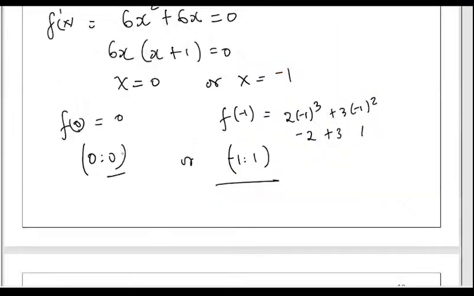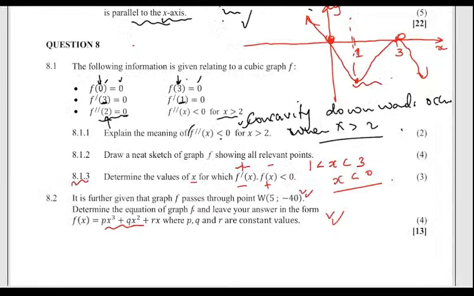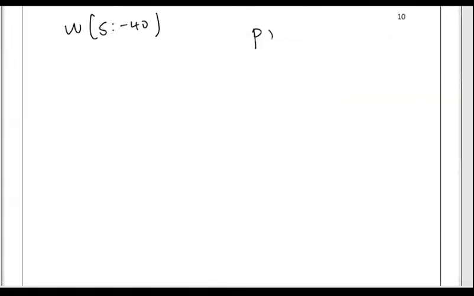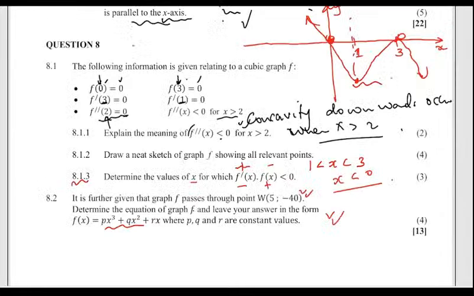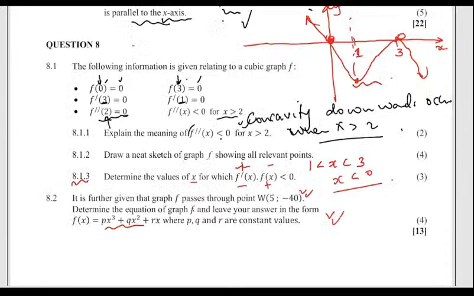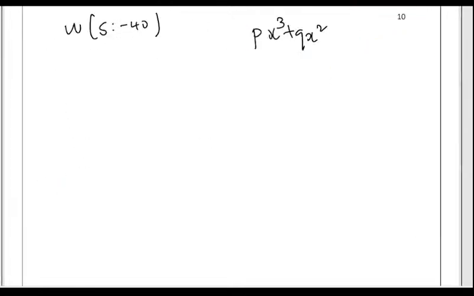The only thing I need is that point (5, -40). So we know that the general format of a cubic function should be ax cubed, and so they give us px cubed, plus qx squared, and then plus rx plus a constant automatically, which is what?